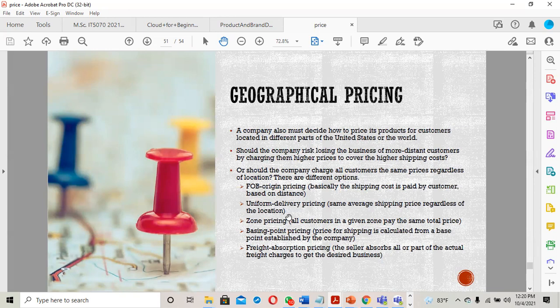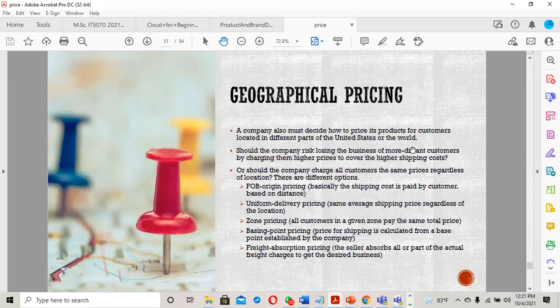Uniform delivery pricing means that regardless of the location, you have a flat shipping fee. So you have to decide as a company which kind of geographical pricing scheme you are going to use. A company decides how to price its product for customers located in different parts of the world.